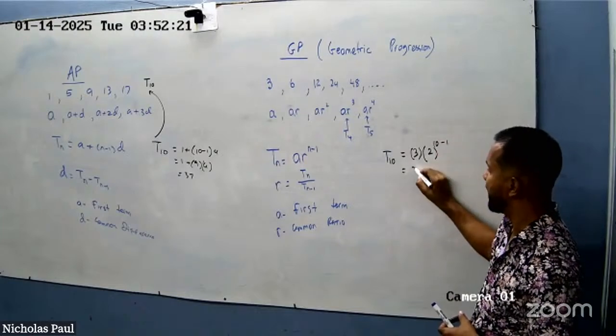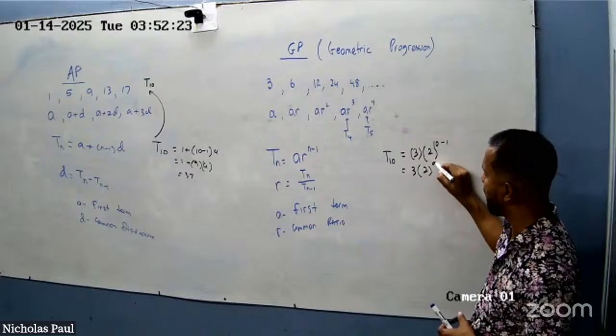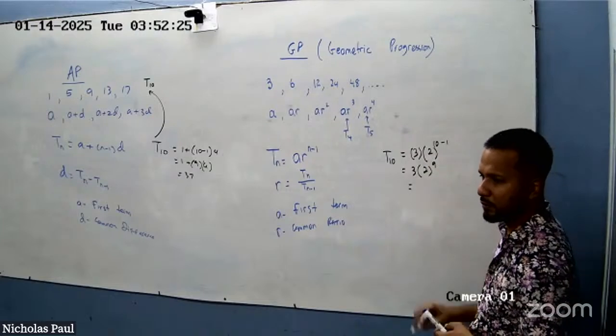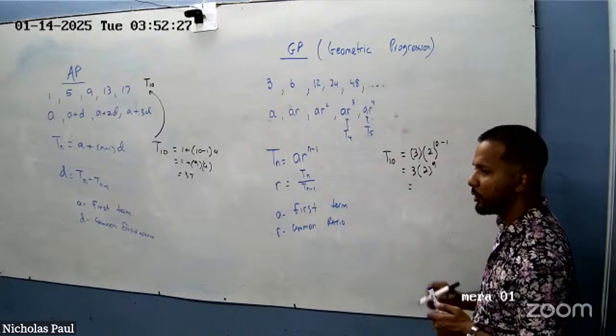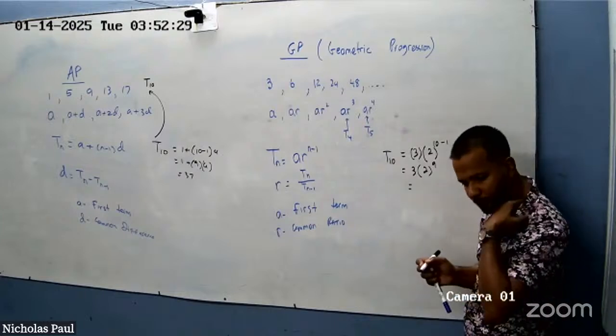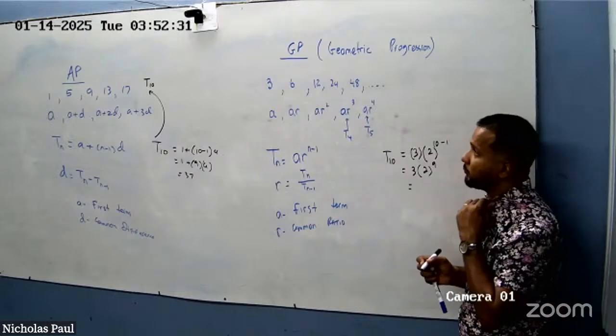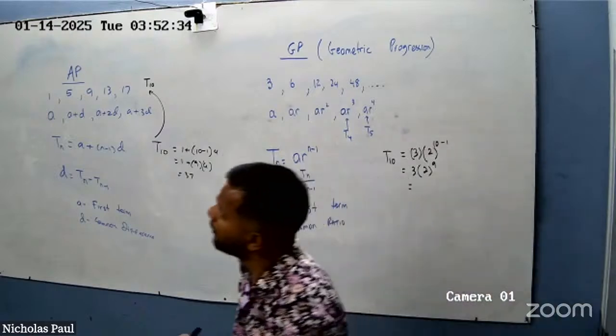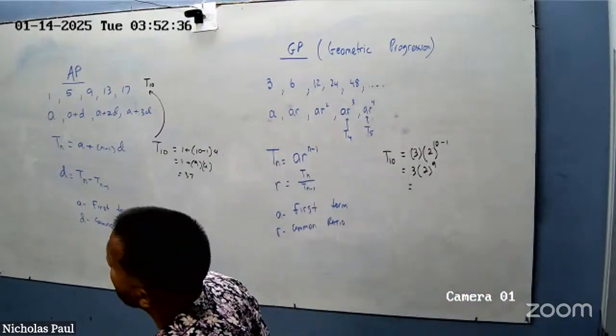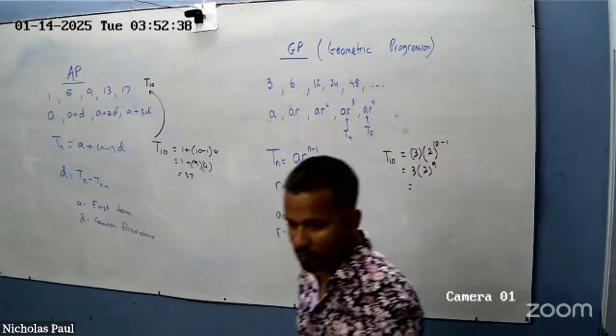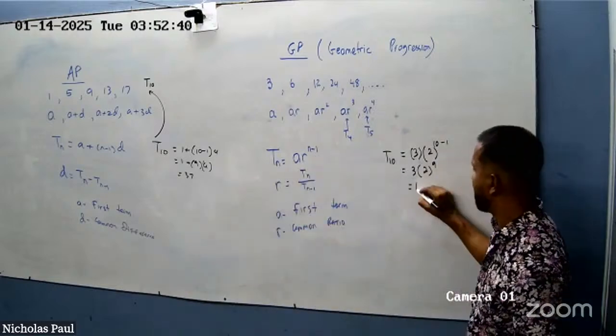So you're going to end up with 3 by 2 to the power 9. How much is that? Use the calculator now. 3 by 2 to the power 9, right? So this is 1,500.